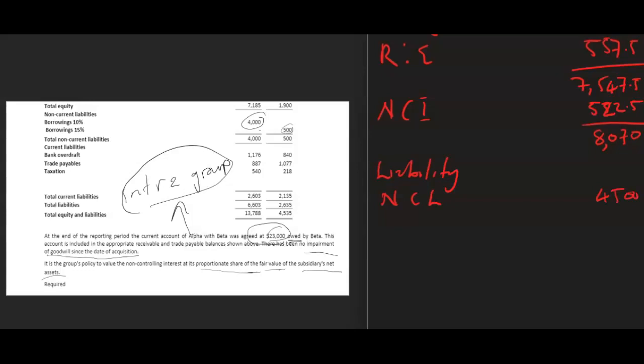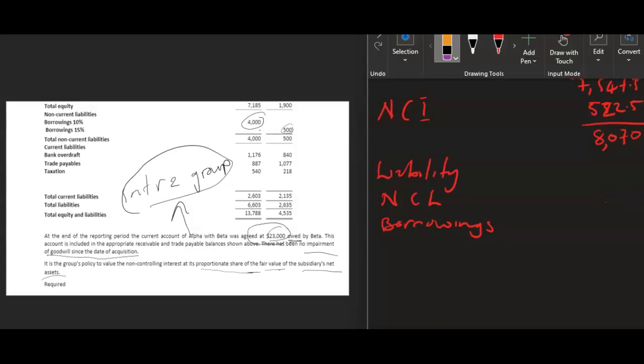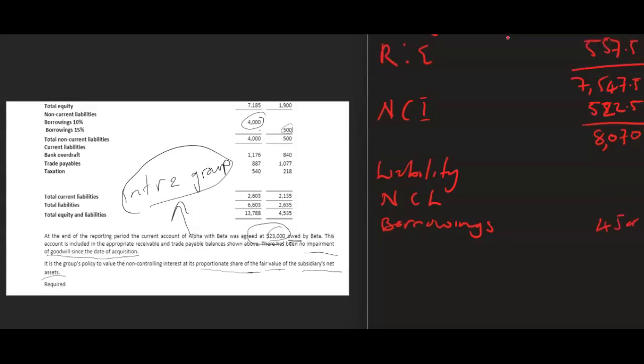Then, this was supposed to come on borrowings, right? So let me just erase that and put it under borrowings. Okay, so that was a non-current liability.